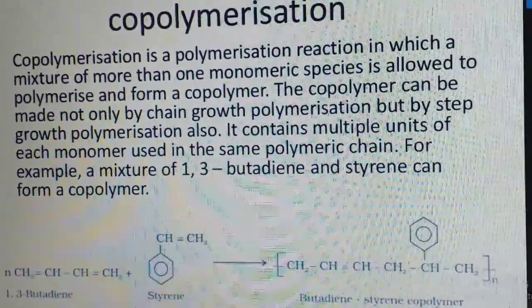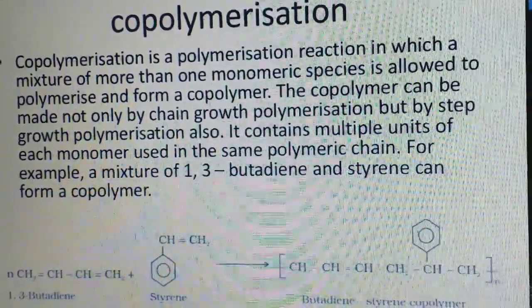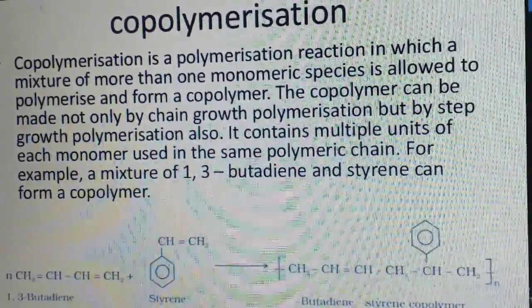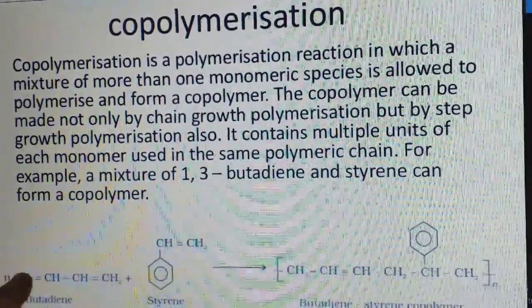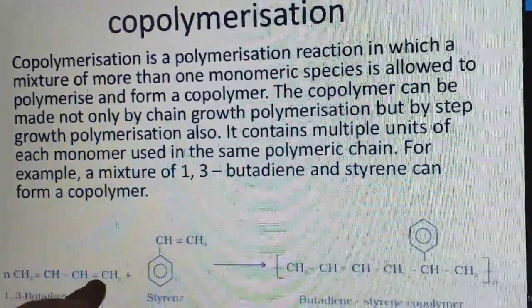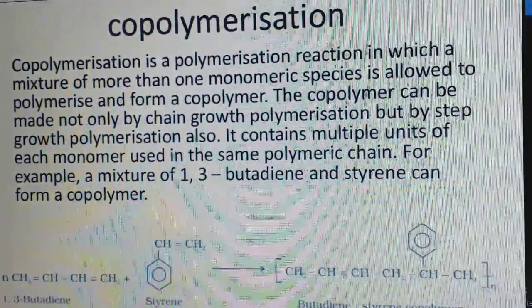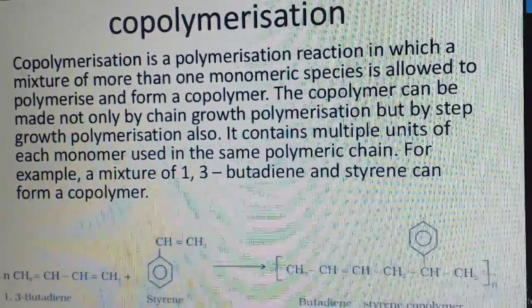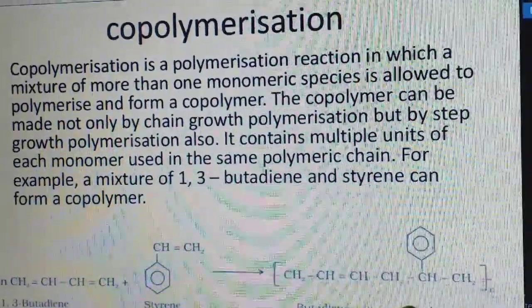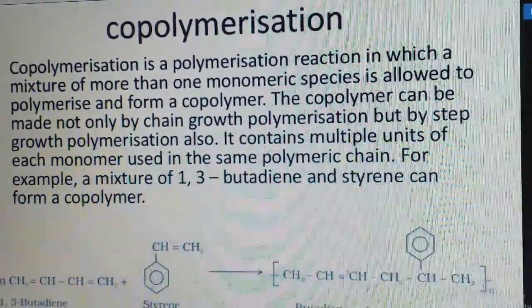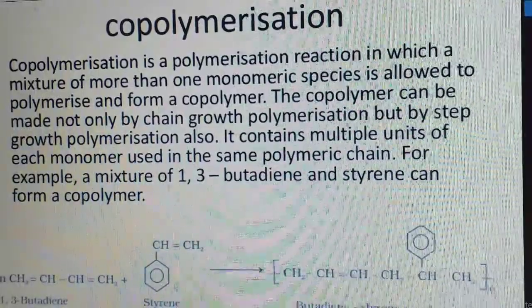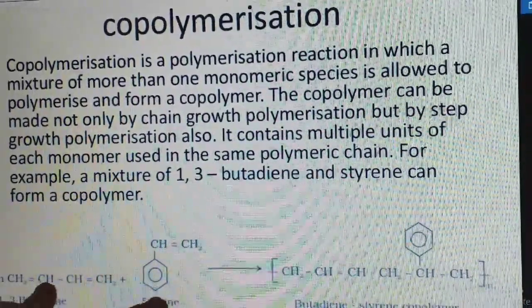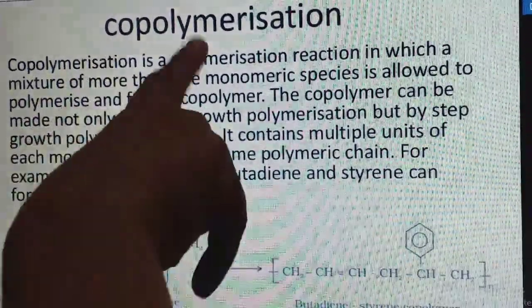One example given here is Buna S. Bu means 1,3-butadiene, CH2=CH, CH=CH2, plus styrene. Already I have shown it in the previous video. And what you get is butadiene styrene copolymer. It is nothing but Buna S. So different monomers are involved, that's why it is a copolymer.